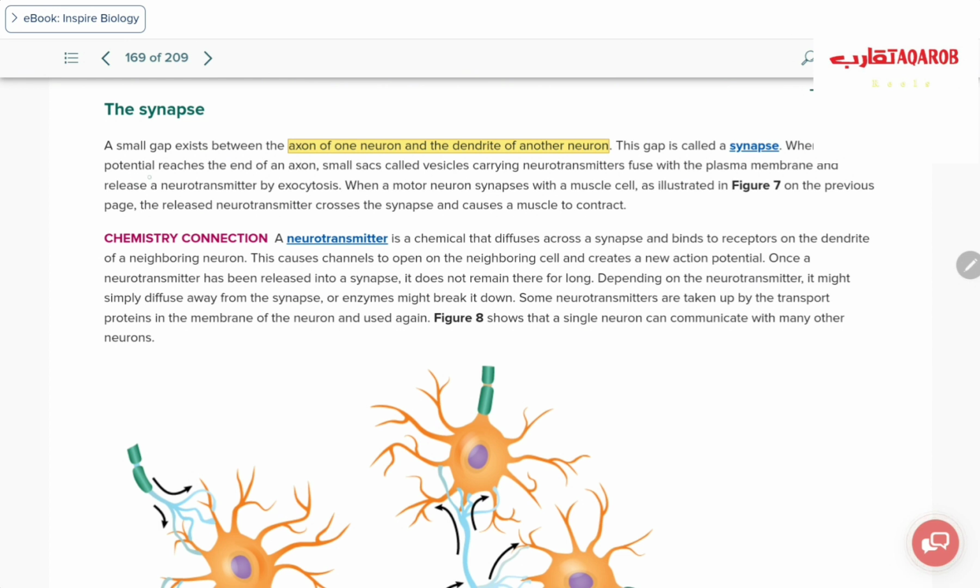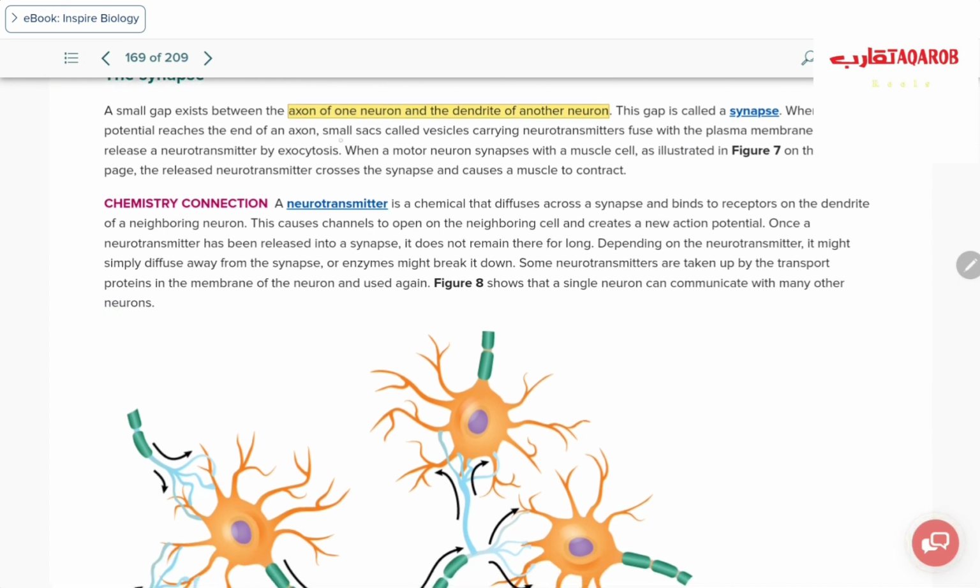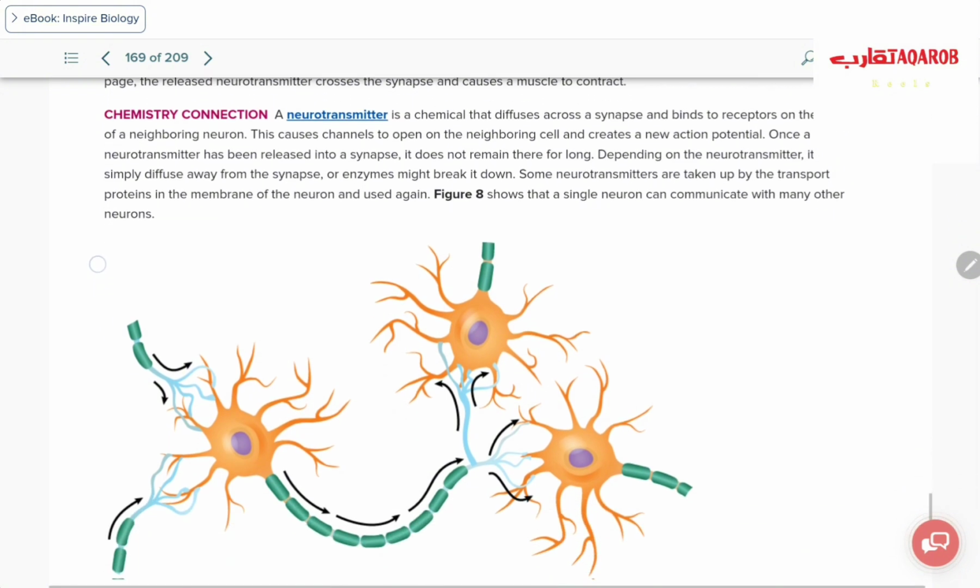When an action potential reaches the end of the axon, small sacs called vesicles carrying neurotransmitter fuse with the plasma membrane and release the neurotransmitter by exocytosis. When a motor neuron synapses with muscle cells, as on the previous page, the neurotransmitter crosses the synapse and causes the muscle to contract.